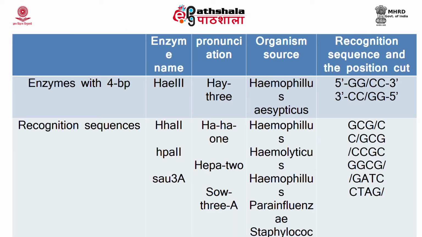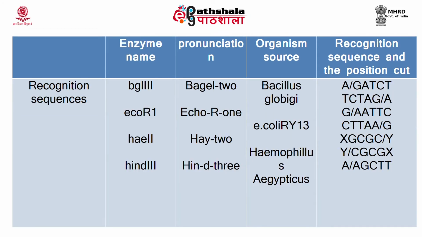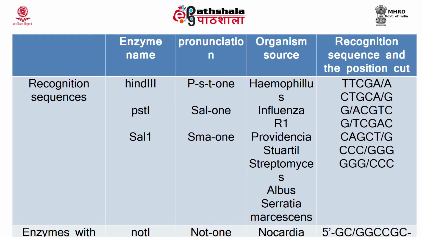This is the table showing the characteristics of some restriction enzymes, where the site of cleavage of the 2 DNA strands is shown by the symbol /, and X represents a purine, Y a pyrimidine, and N any base.